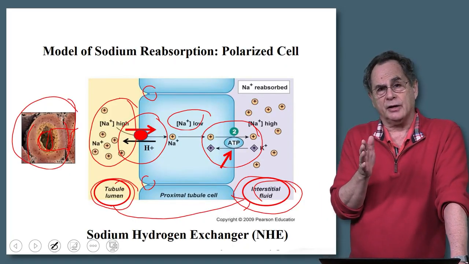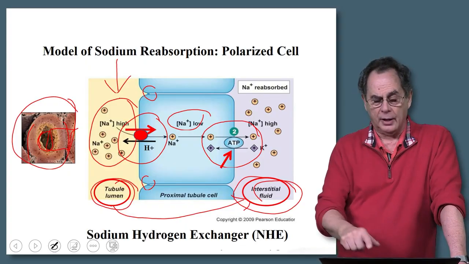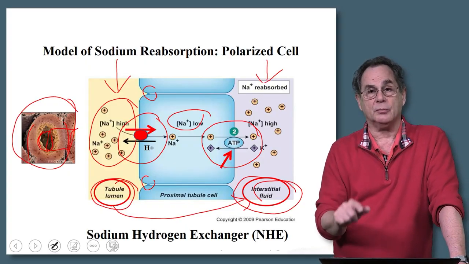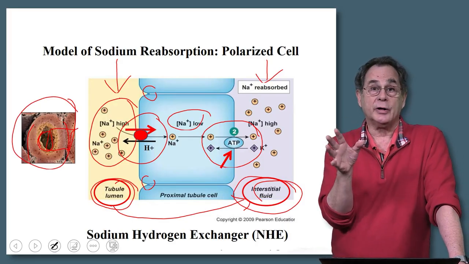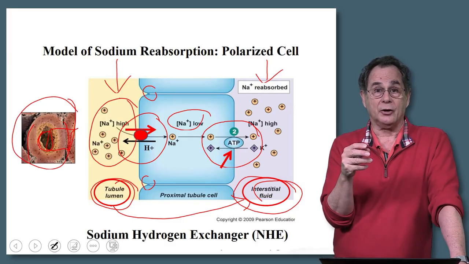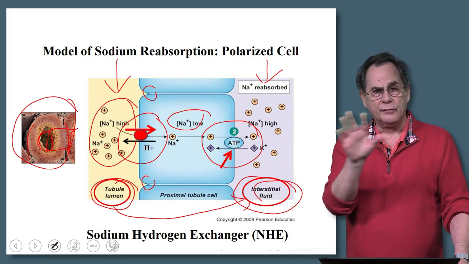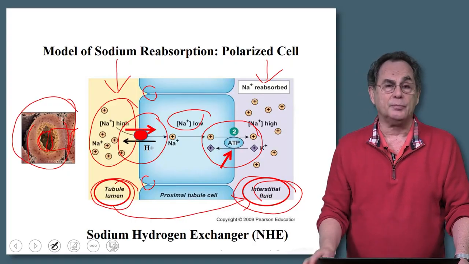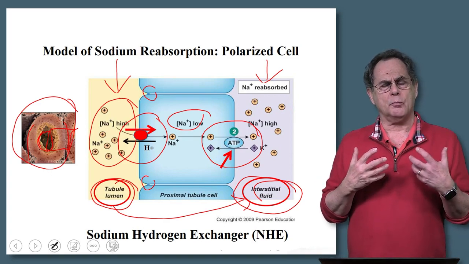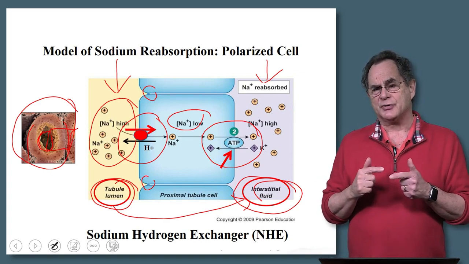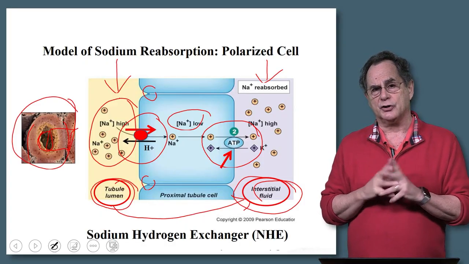So the key ability of the polarized epithelial cell to absorb sodium from the lumen and transport it to the interstitium is critically dependent on sodium-potassium ATPase, and therefore critically dependent on the generation of ATP in proximal tubule cells, for example. So none of you would be surprised if I showed you an even higher powered electron micrograph that showed that each of those proximal tubule cells has a tremendous number of mitochondria in it, because the generation of ATP to maintain that low intracellular concentration is critical.